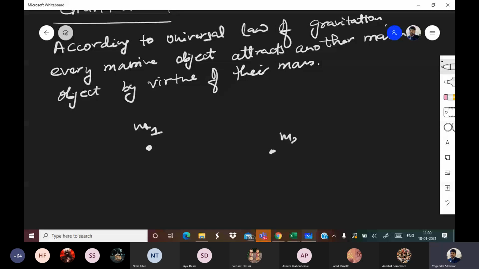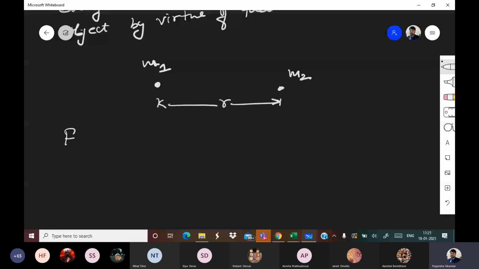and the other one is m2, and the separation between them is r. Then F is proportional to m1 into m2. That means the force between the two objects is proportional to the product of their masses. F is proportional to 1 upon r square. That means the force between the two masses is inversely proportional to the square of the distance between the two objects.